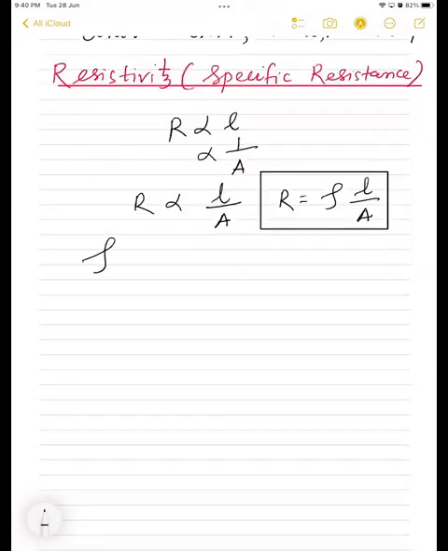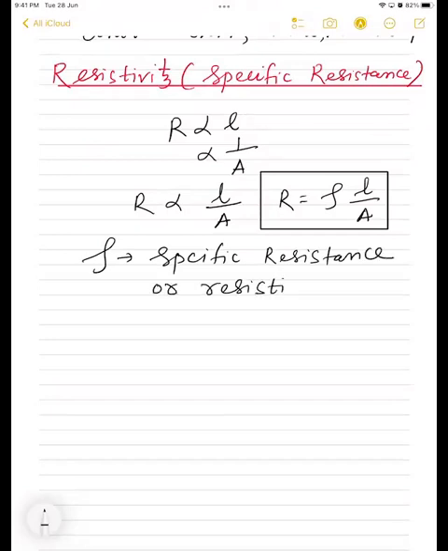Rho is called specific resistance or resistivity of the material of the conductor.